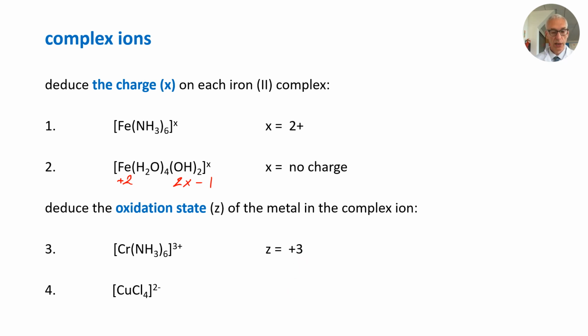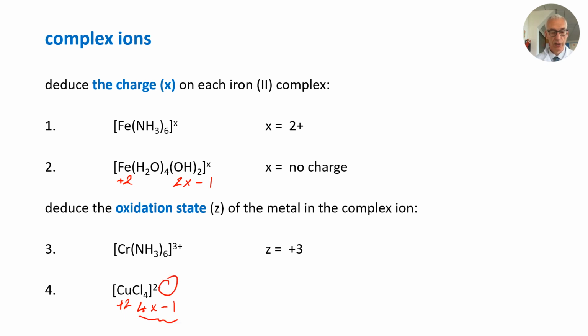For the copper chloro complex below, we've got 4 times -1. These are chloride ions. Copper must be +2 because the overall charge is 2-.